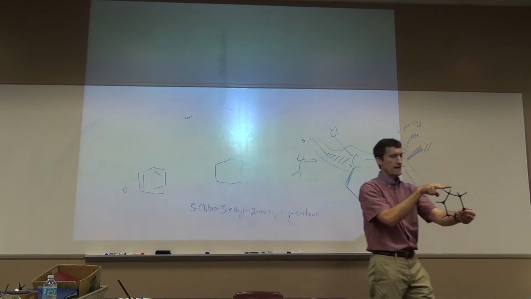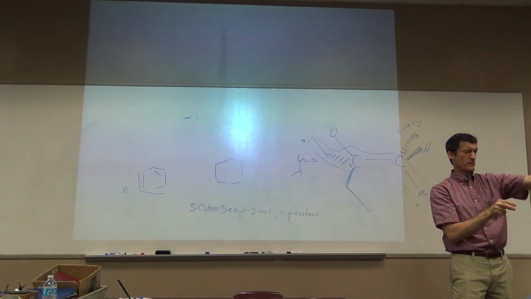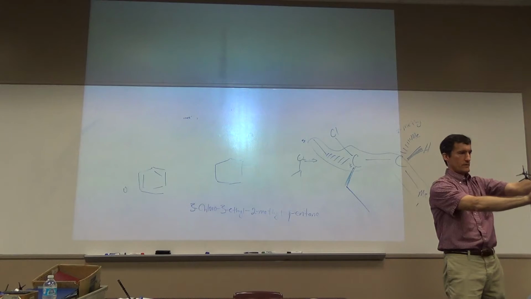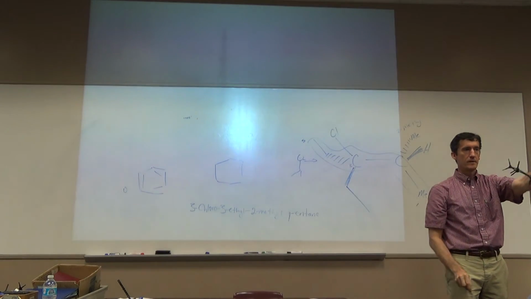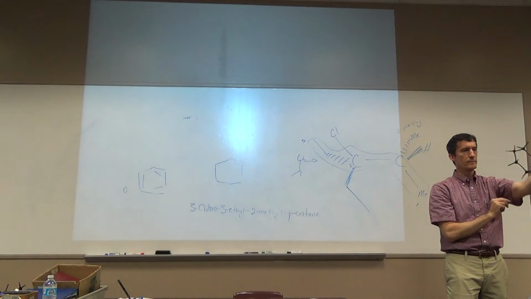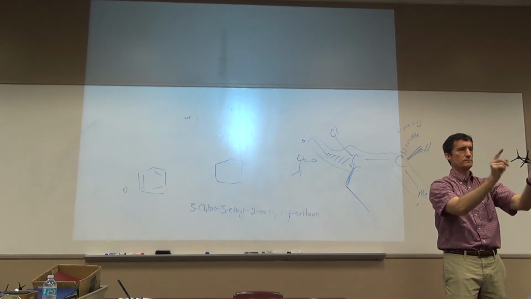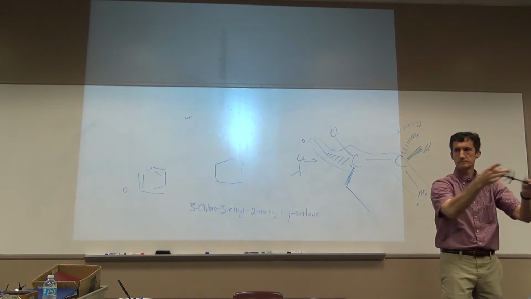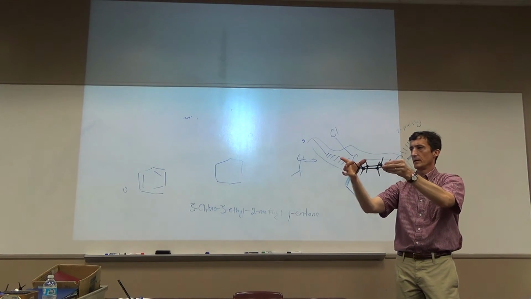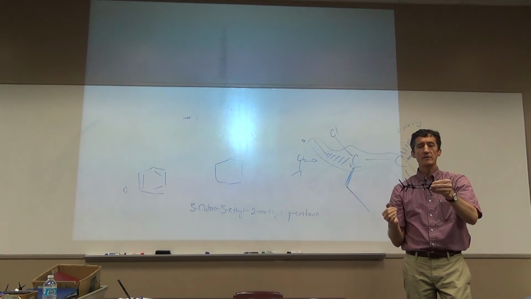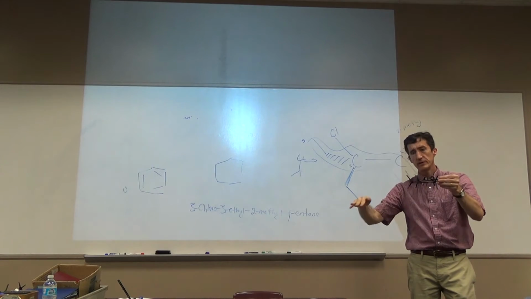What are the H's doing here? The H's are eclipsing. If you look at them, all H's are eclipsing. See that, these two eclipsing? So, that's a driving force why the carbon is not all planar.